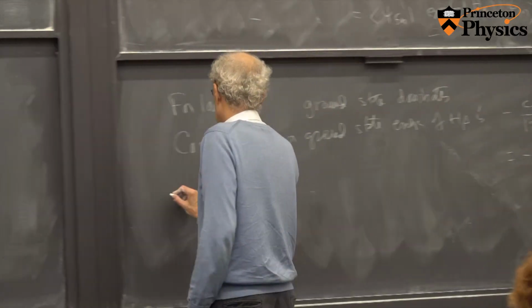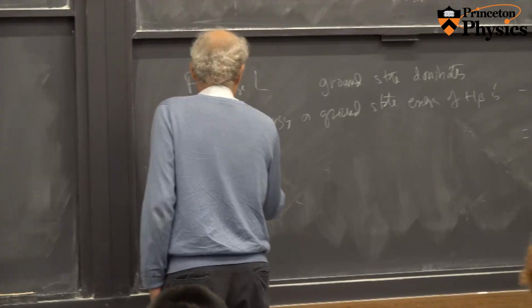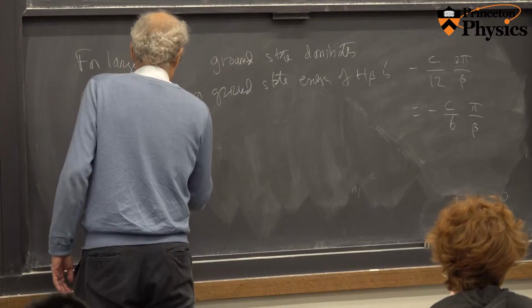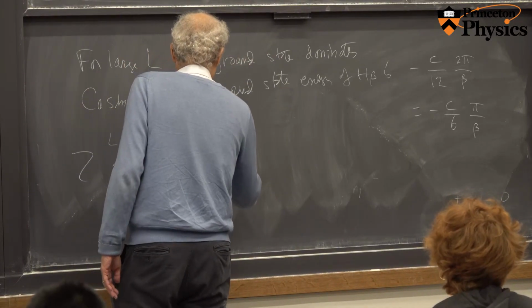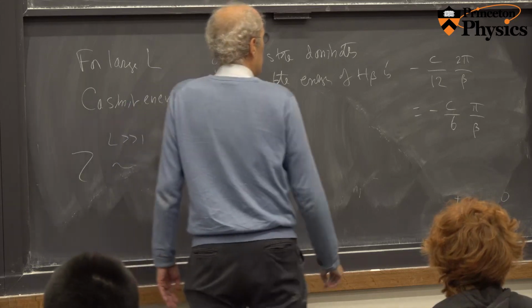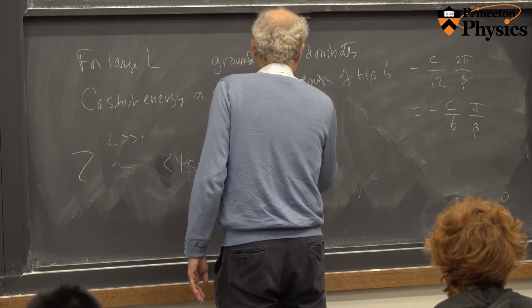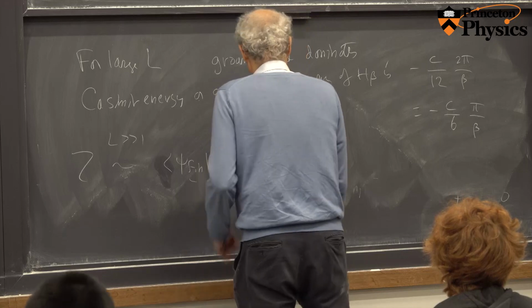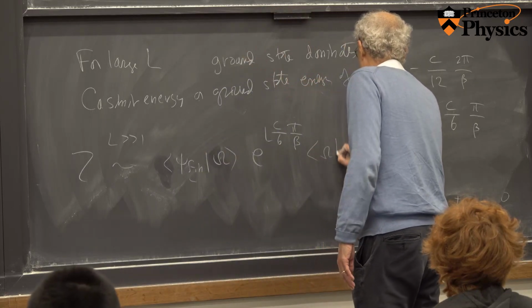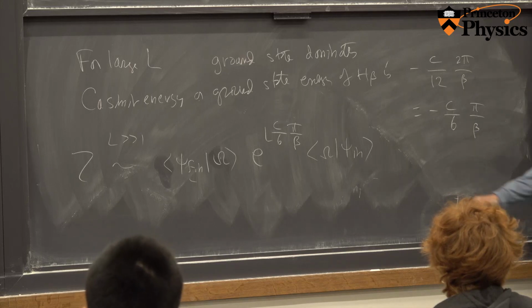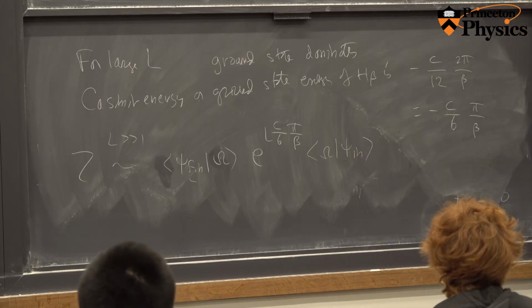So then Z for L large, we approximate it by just the ground state contribution. Propagating the ground state through an imaginary time L gives a factor of e to the L times c over 6 pi over beta. And then we have the matrix element of the ground state to the initial state. Whatever the initial and final states are, we assume they have some non-zero overlap with the ground state, and whatever that is only affects Z by a multiplicative constant independent of L.